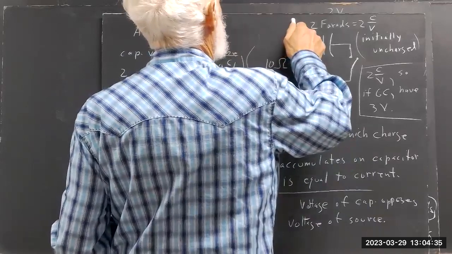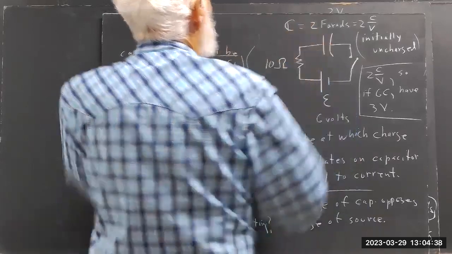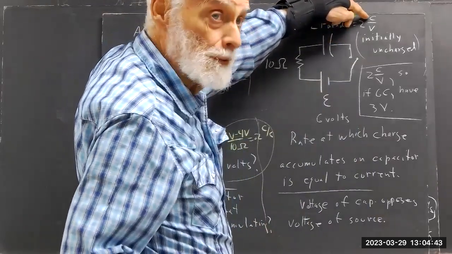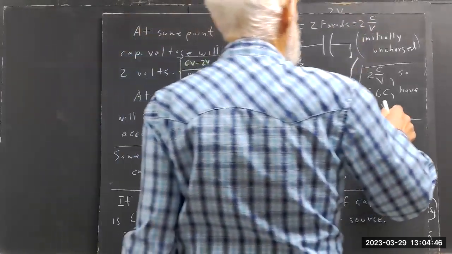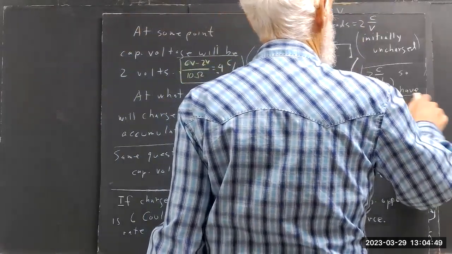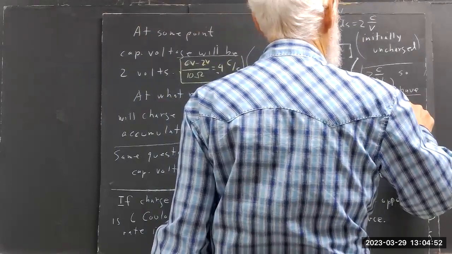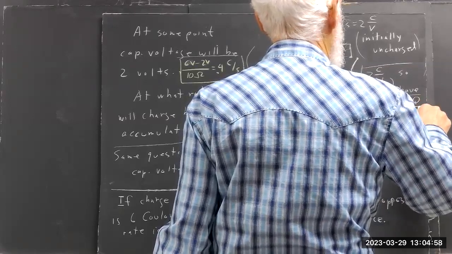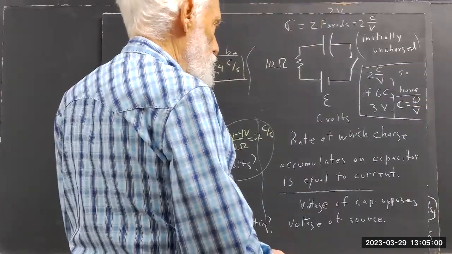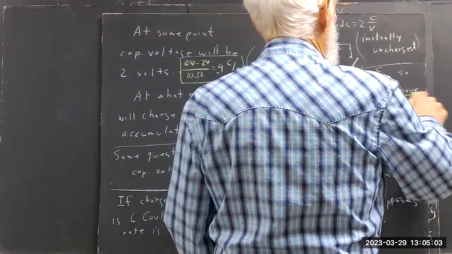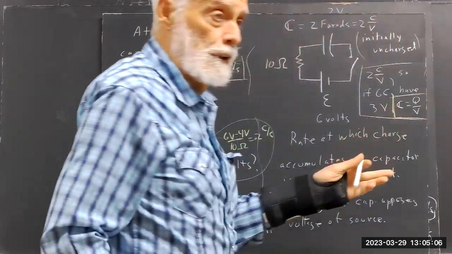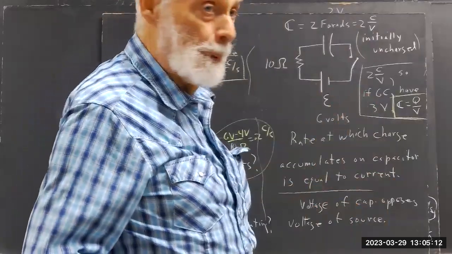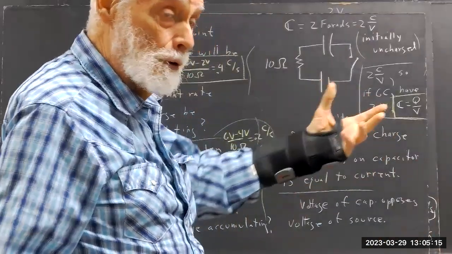I'm going to use a capital fancy C to distinguish this B from this C. The definition of capacitance, which you should know, from the previous chapter, is the number of coulombs per volt.